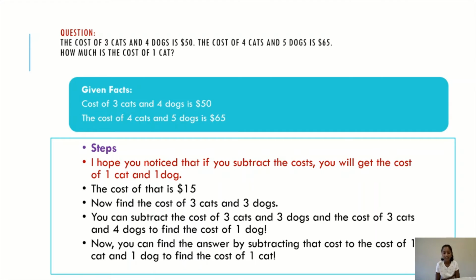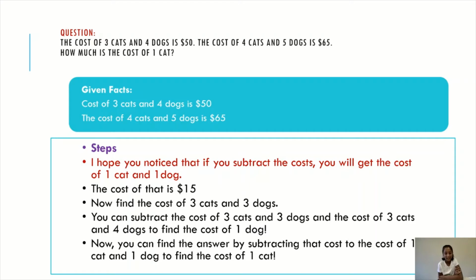So the cost of 1 cat and 1 dog equals $15. So you need to multiply 15 by 3 to get the cost of 3 cats and 3 dogs. So 15 times 3 equals $45.